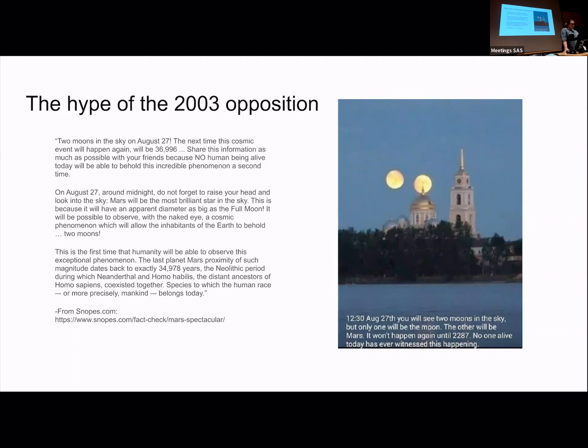But actually, one of the claims in a lot of these emails was that Mars at that time would appear the same size as the full moon if you looked at it through a telescope at 75 power. And that is actually true. So if you had a 75x eyepiece in your telescope, what you see in the eyepiece would look about the same size as the moon does to your naked eye, so about half a pinky.